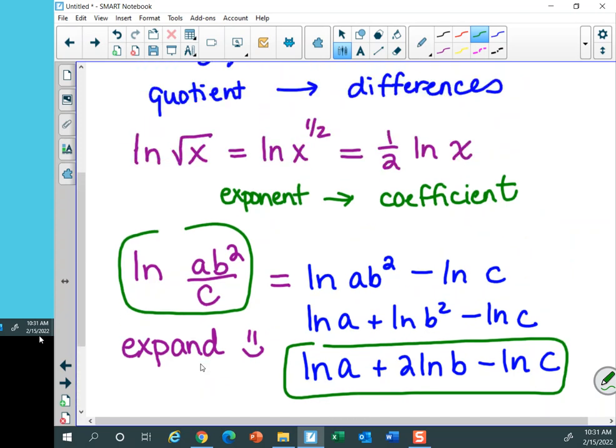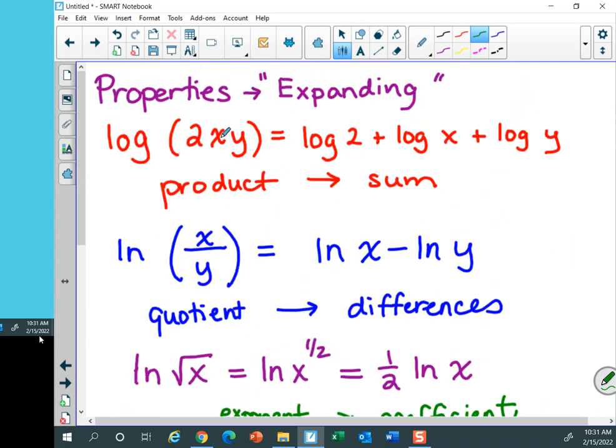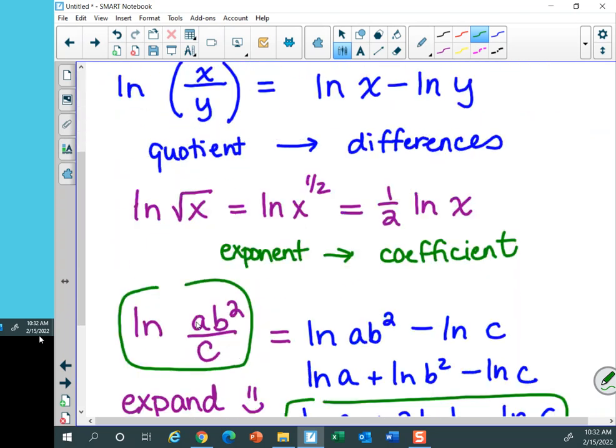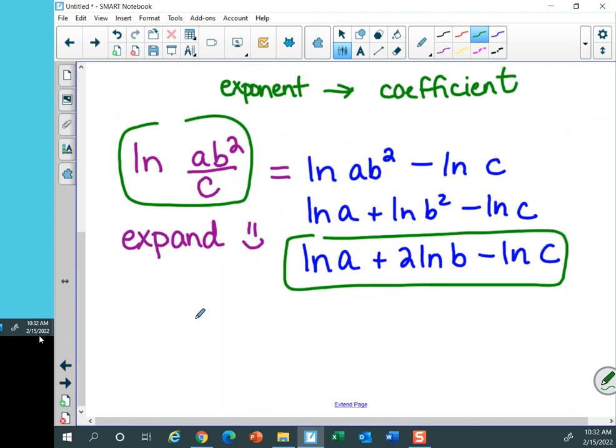But at the forefront of this discussion has to be, we've got these rules, these tricks, these properties that allow us to expand. And so if we do have a product, a quotient, or something to a power, it's actually going to be in our best interest to expand it out before we take the derivative.